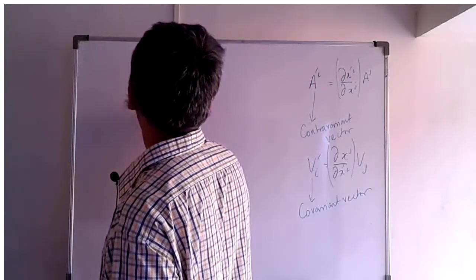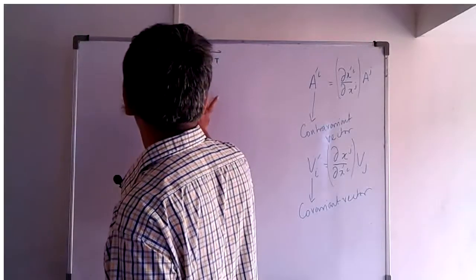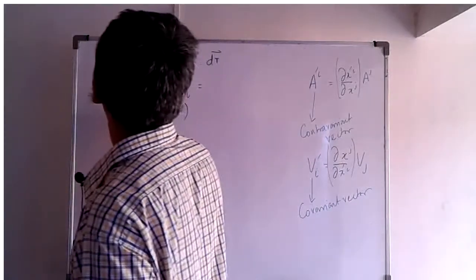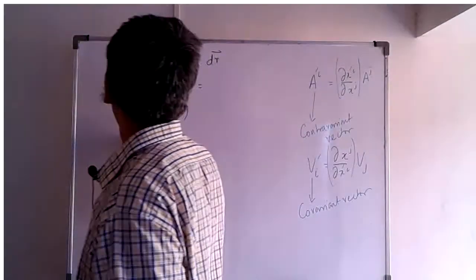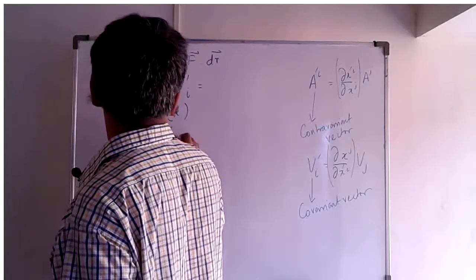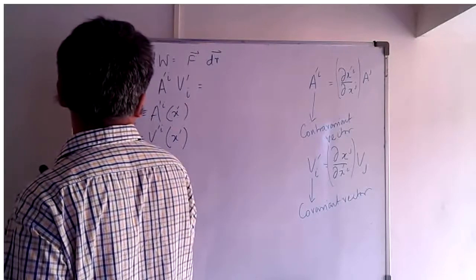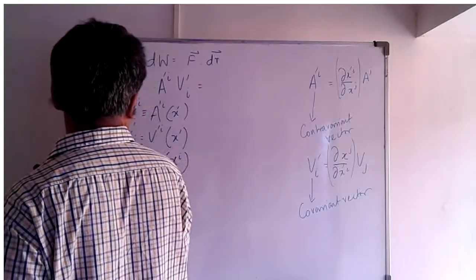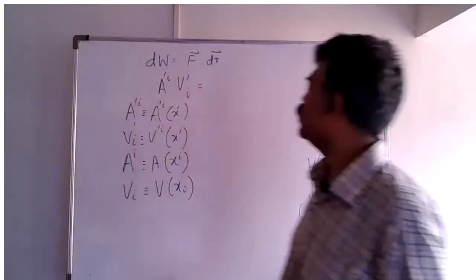I am writing it prime, it's basically A prime i, a function of the primed coordinates, and V prime i is basically this. And if it is unprimed, got it?